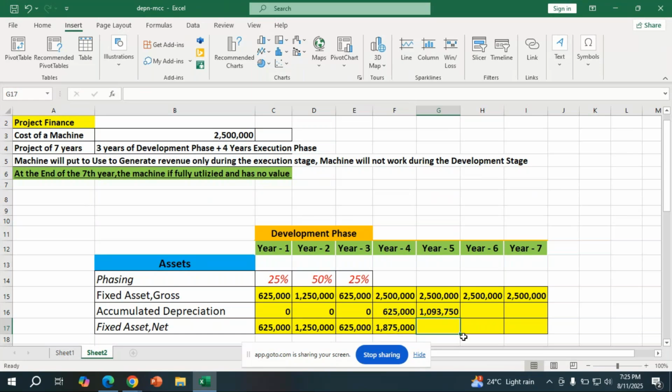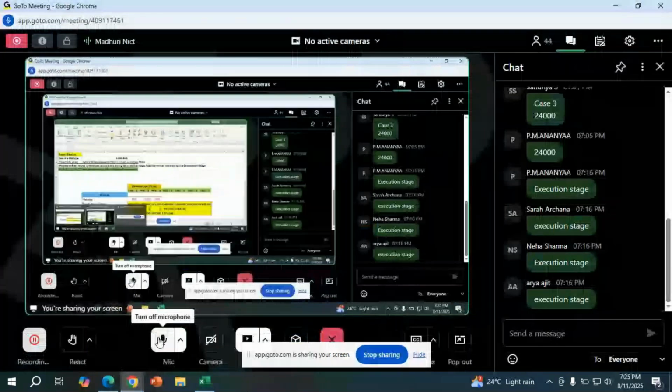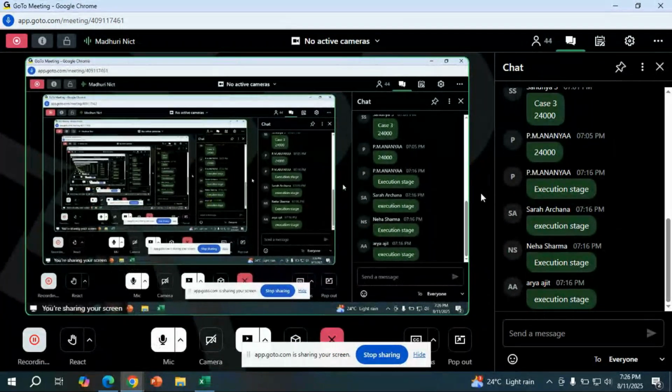Or do I need to make some corrections? At least the year 4 calculation, is everybody able to understand? Yes, ma'am. Okay.